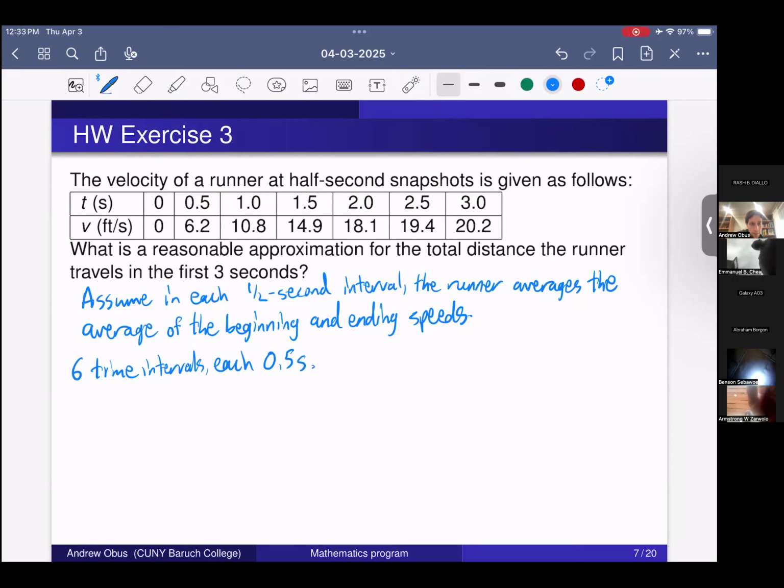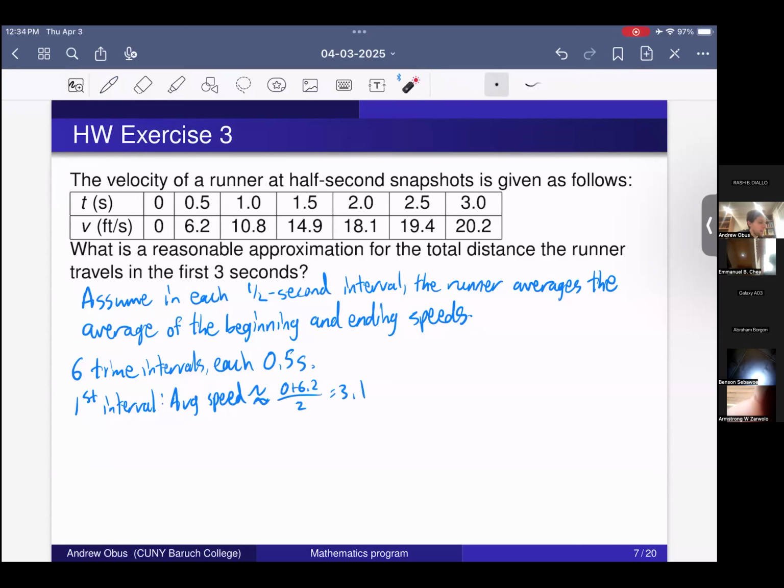Okay. So then maybe we'll guess, first interval, the average speed should be approximately 0 plus 6.2 over 2, which would be 3.1. I'm taking the average of the speed at the beginning and the speed at the end and calling that the average.